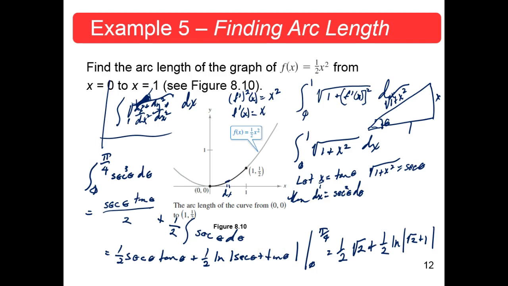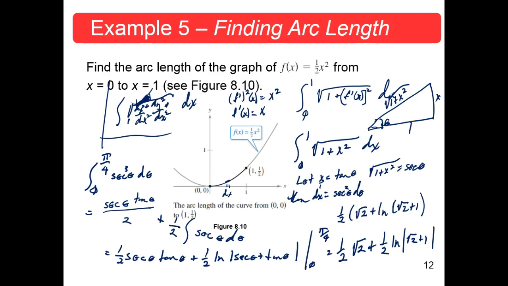So this is our answer: 1/2 root 2 plus log of root 2 plus 1. And they give an approximate answer of about 1.148.